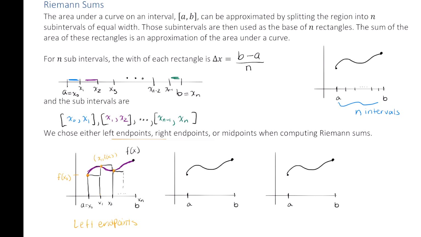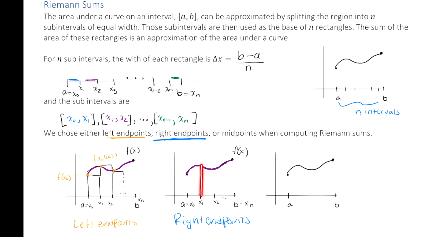So if we're looking at right endpoints, I'm going to break up my intervals again. This one's x1, here's x2. A is going to equal x naught, and I'm going to have a ton of other intervals here, and b is equal to xn. Well, rather than evaluate my function f of x at the left endpoint as I did in this example, I'm going to evaluate it at the right endpoint.